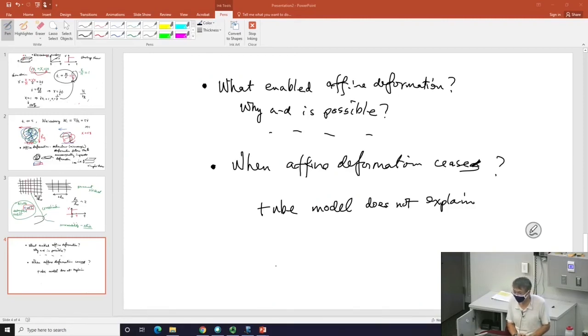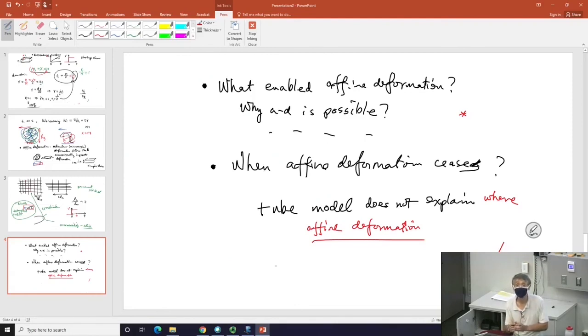Basically, the tube model is treating this first problem in a way that doesn't try to directly answer it. It does not explain where affine deformation comes from. It assumes there is affine deformation, but it doesn't explain what it originates from. I mean, what could enable you to have it.